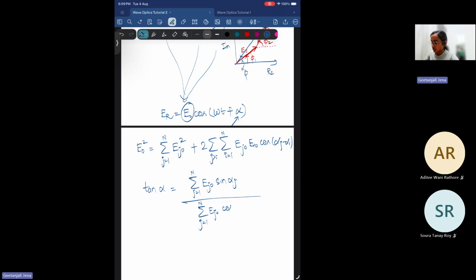So all these methods have the same fundamental relation. Whatever method you choose, you will get the same expression. Okay.